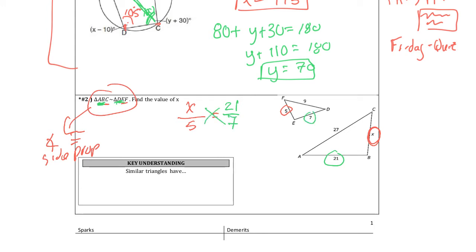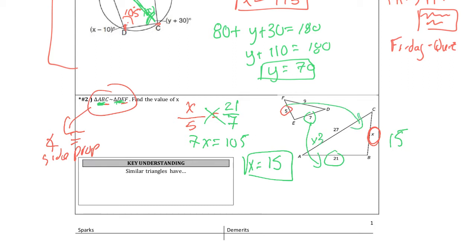So I want to make sure I pick matching or corresponding sides. So I could cross multiply. 7x equals 21 times 5, which is 105. Divide both sides by 7. And I get 15 for x. So this side is 15. Another way you could have done it, if you saw, oh, I'm just multiplying by 3, that's my scale factor. 5 times 3 is 15.